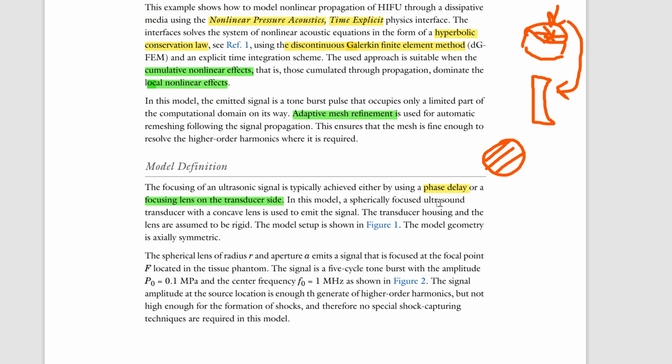In this model, a spherically focused ultrasound transducer with a concave lens is used to emit the signal. The transducer housing and the lens are assumed to be rigid. The model setup is shown in figure 1. The model geometry is axially symmetric.